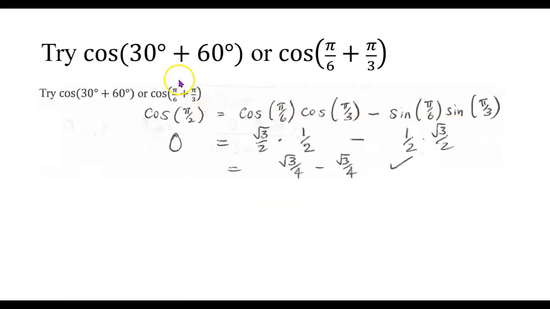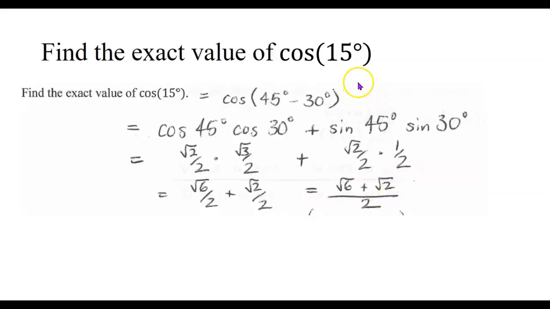Here the first thing is pi over 6, the second thing is pi over 3. If you add those together, you get pi over 2, and the cosine of pi over 2 is 0. So if we do all the calculations on the right side of the equation here, we do end up with 0. The formula does work.